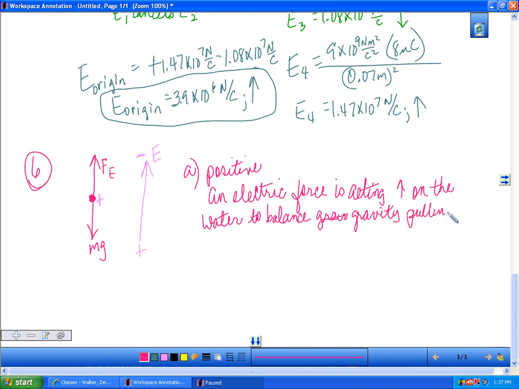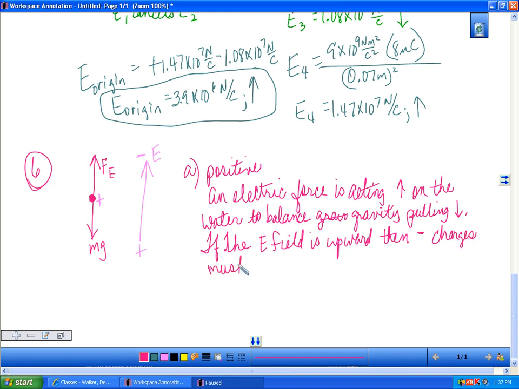If the E field is upward, then negative charges must be above the droplet.